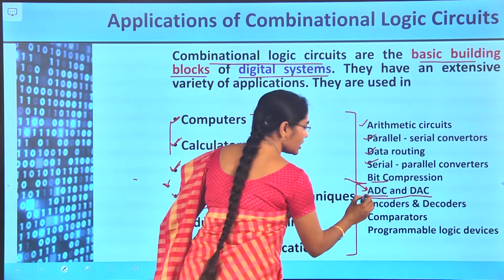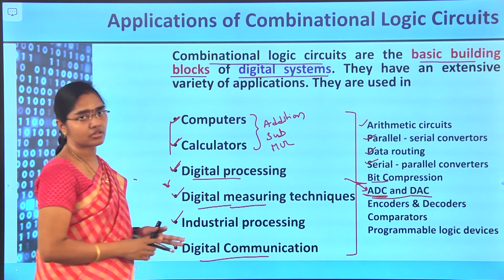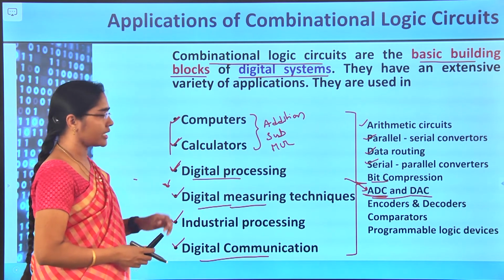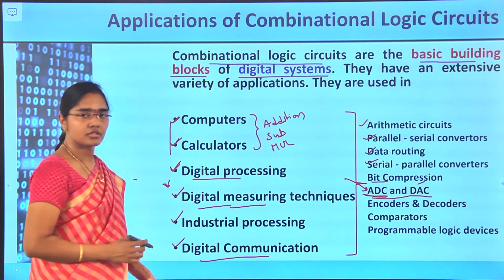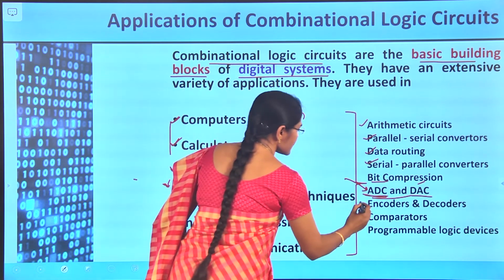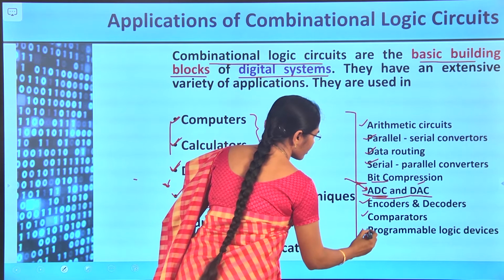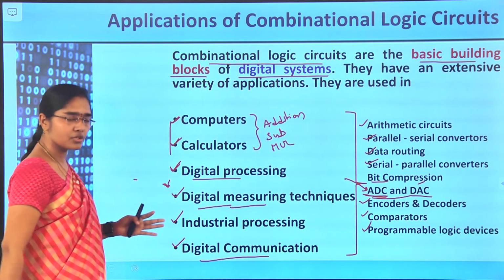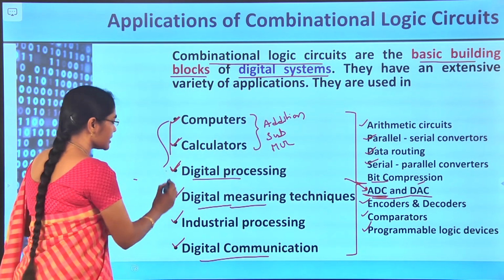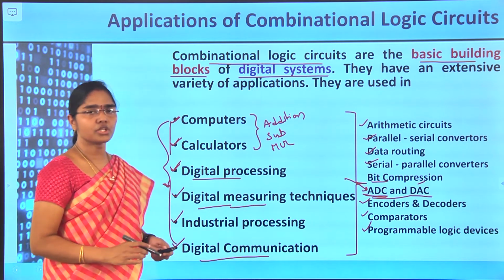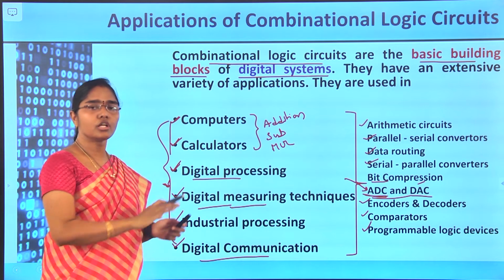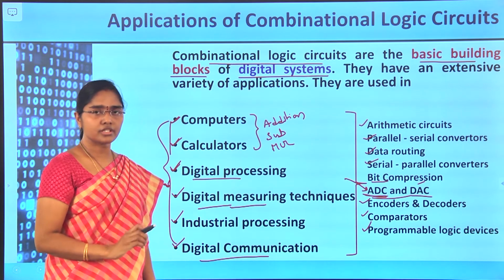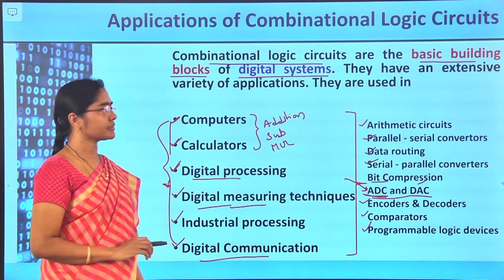These are also digital circuits. Analog to digital conversion and digital to analog conversion are required in some applications. And encoders, decoders, comparators and programmable logic devices are all used in digital applications. Today there is nothing without digital, so all these circuits are used whenever there is a requirement.